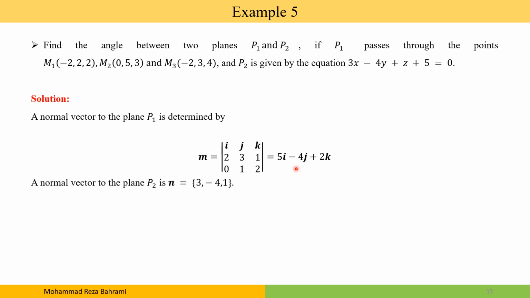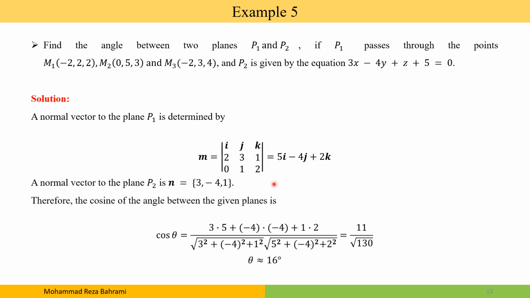For the plane P2, the coefficients of x, y, and z are the normal vector to the plane P2. So we have 3, minus 4, and 1. So we have two vectors, and we need to find the angle between them. We use the cosine of theta, the dot product actually. So cosine of theta will be 11 over the square root of 130, and taking the arc cosine of this value leads to theta, which is around 16 degrees.